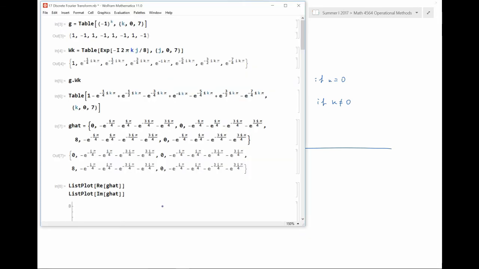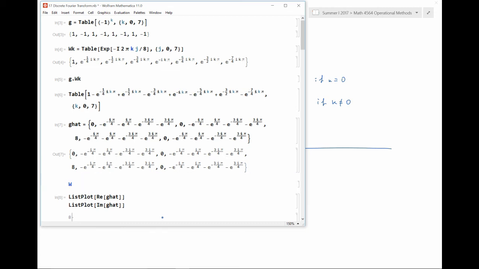For the example I computed with Mathematica, I can restore the signal by doing the summation there. So g hat was the Fourier transform vector. What I need to do is compute a different W_k vector that I will denote W_k inverse, which is going to be the same exponential factors, except that I'm going to take away the minus sign.